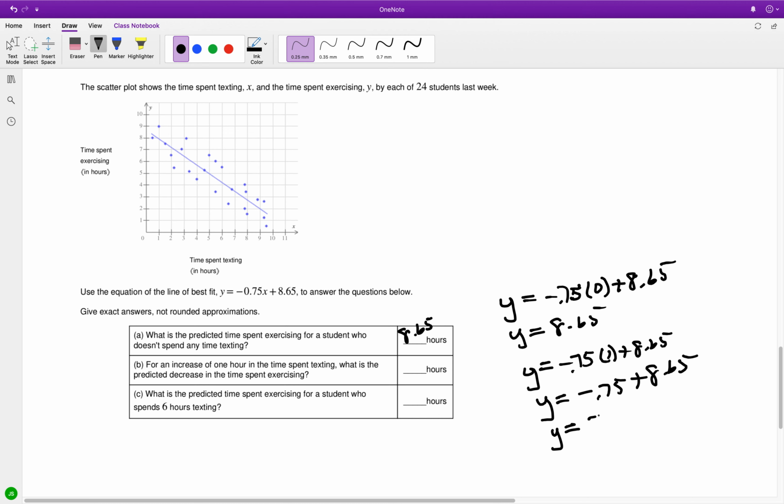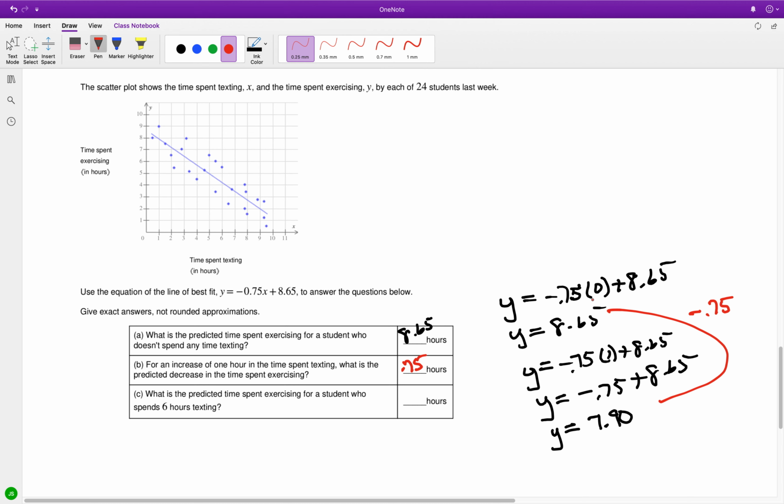For this outcome, y will be 7.90. And if you notice, for an hour increase in time spent texting, there is a predicted decrease in the time spent exercising. We have a drop in the y value of 0.75, which corresponds to the slope.